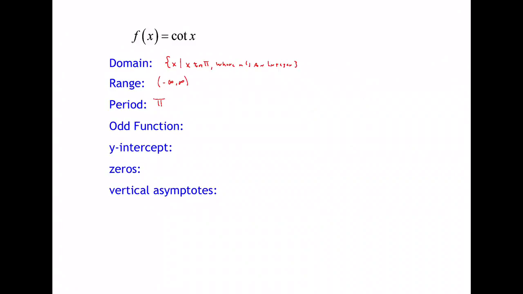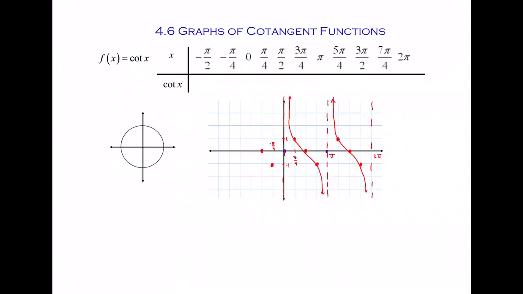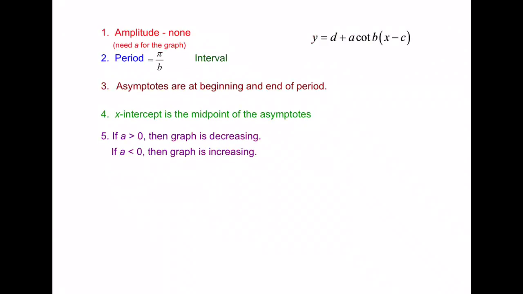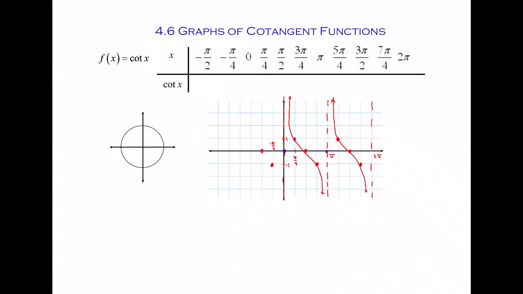Cotangent is an odd function. So we have cotangent of negative x is equal to negative cotangent of x. The y-intercept on this one is none because there's a vertical asymptote there. And then the zeros on the graph, you can see we have pi over 2, then 3 pi over 2, and also in this direction, we have negative pi over 2.